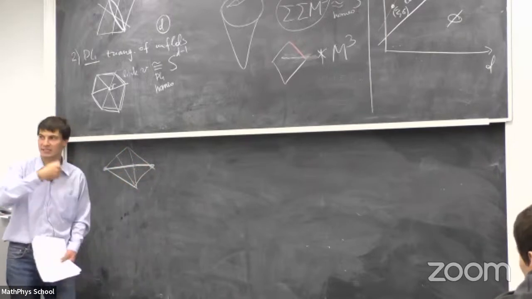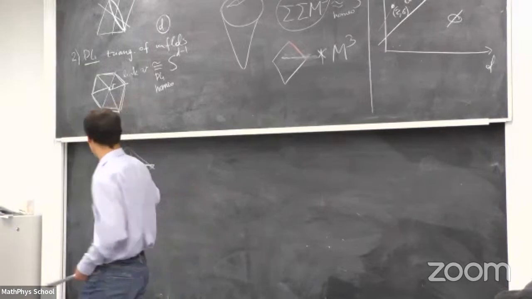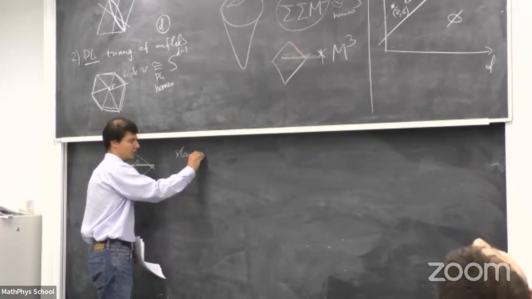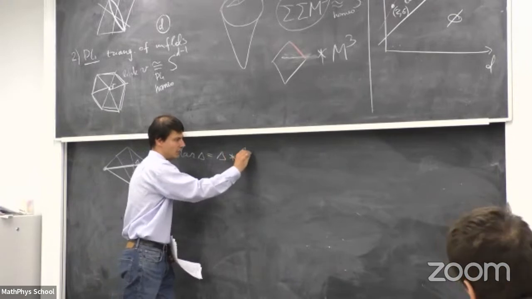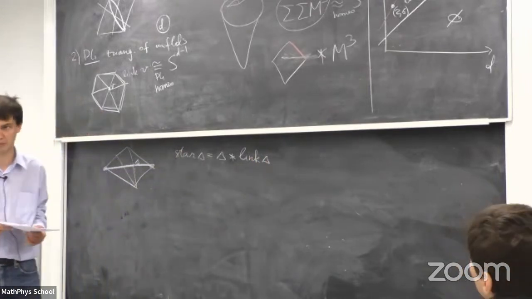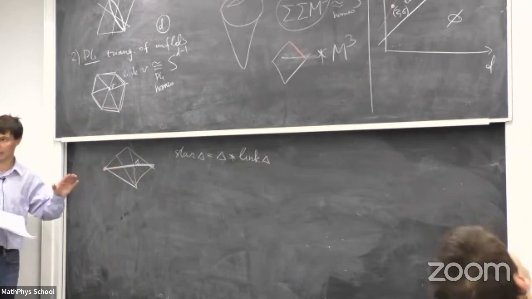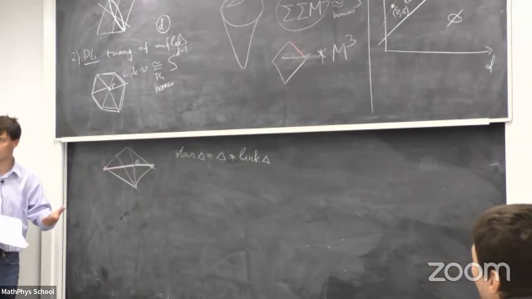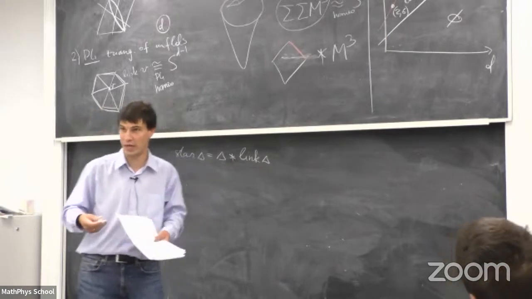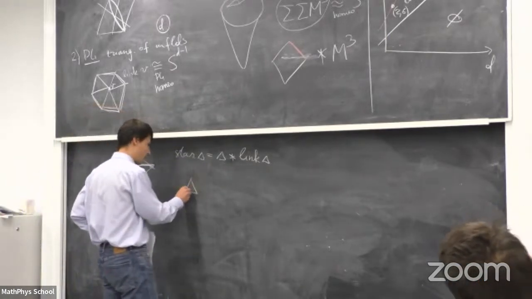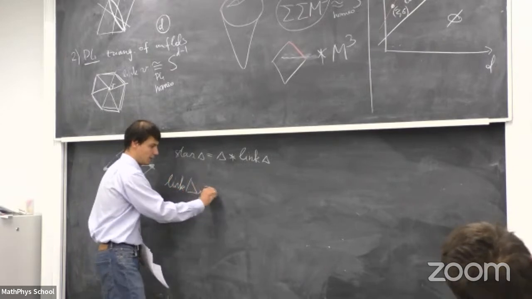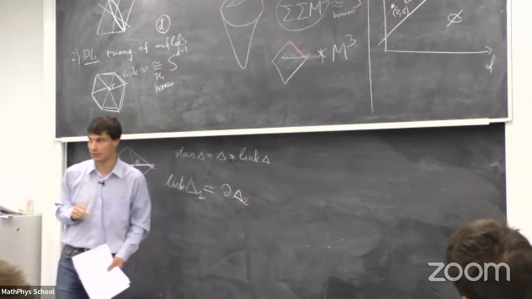You can take the star of a simplex delta, so all simplexes that contain this particular simplex, and this star of delta is always the join of delta with the link of delta. It may happen that the link of a simplex is the boundary of a simplex. It is a very special situation, but assume that we have such a situation: the link of some simplex is the boundary of another simplex.